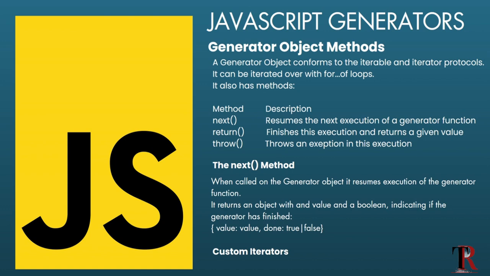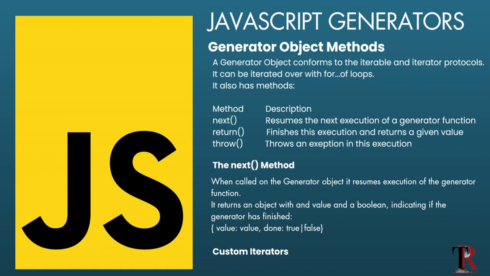It can be iterated over with for of loops. What makes the JavaScript generator object fit for iteration is the fact that it conforms to the iterable and iterator protocols. So if you have not been following along, you can check the previous video on the iterable and iterator protocols, so you understand it in clearer detail.